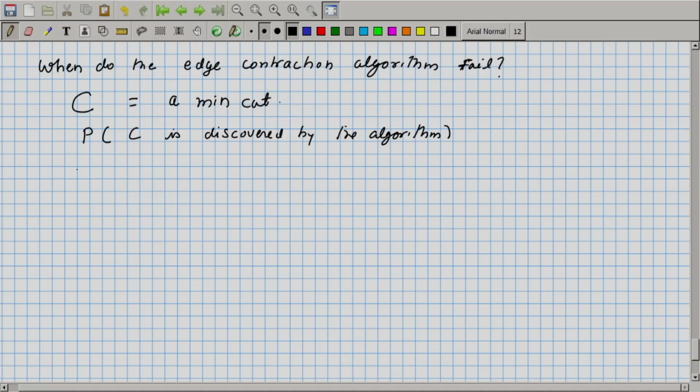So, let us look at certain events. We will split this big event, that C is discovered by the algorithm, into many small events. Let the size of C be equal to alpha. Okay. So, since it is a minimum cut, we know that alpha is small, or we can expect that alpha is small.